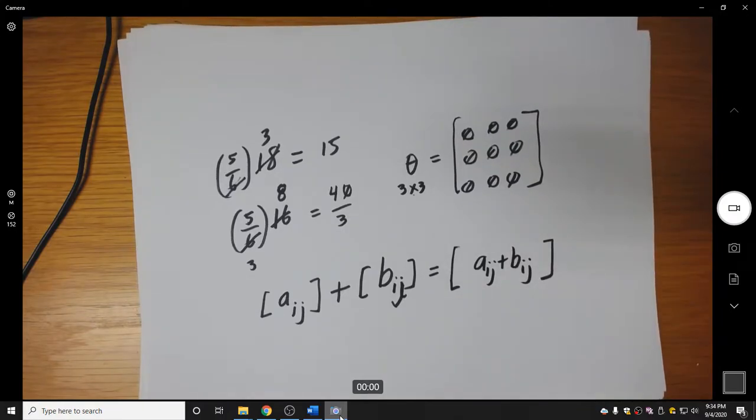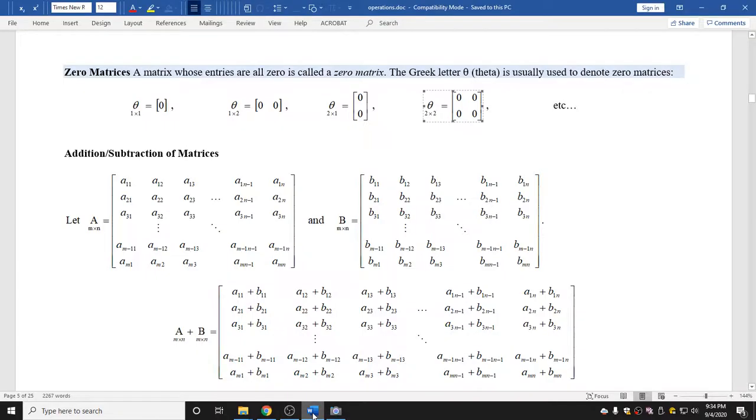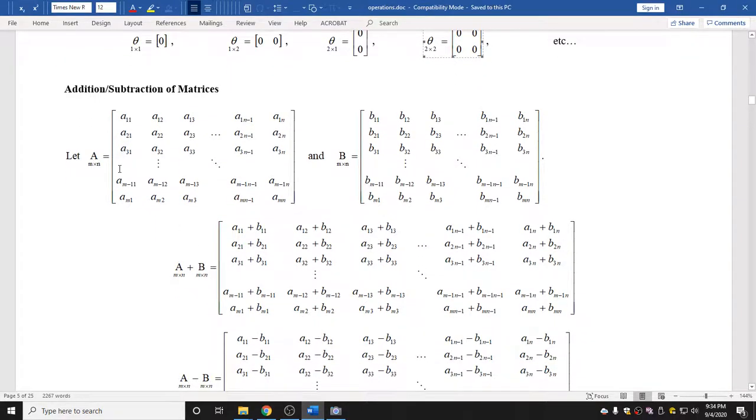If you wanted to write this in its full glory explicitly, let's look at it here. So let A be an m by n matrix. This is the explicit expression of an m by n matrix: m rows, n columns.